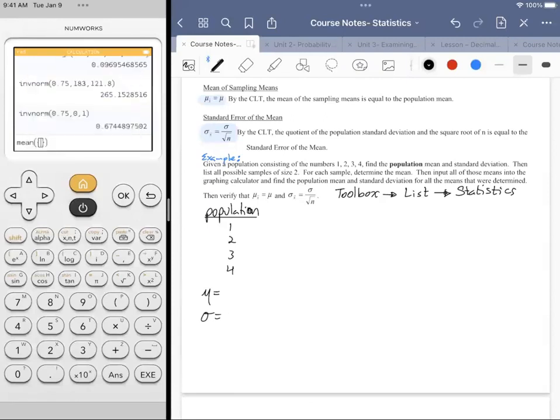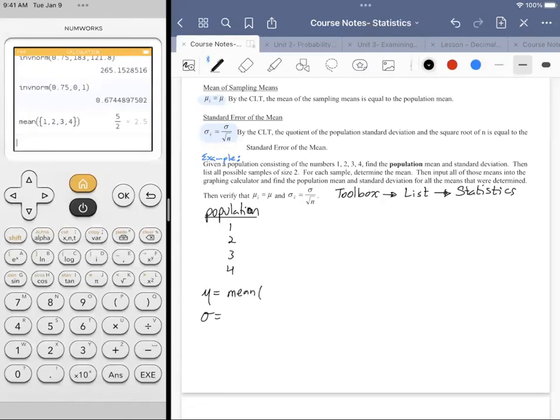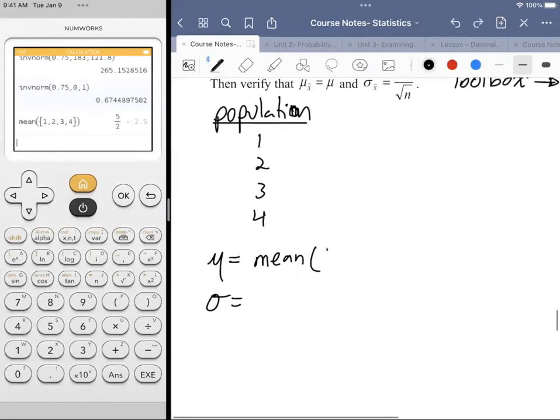Let me just try one thing first. Yep, you need the squiggly brackets. So in this case, it would be mean, then the squiggly brackets, then 1, 2, 3, 4.